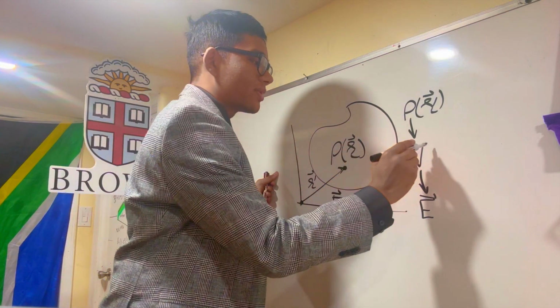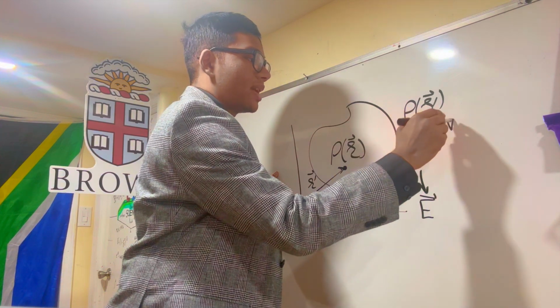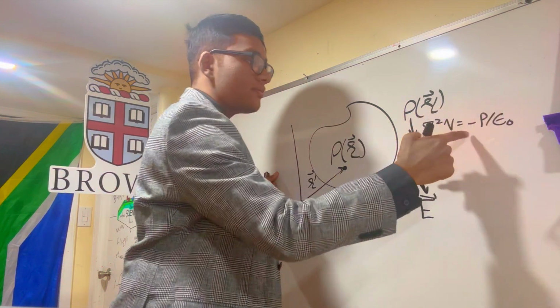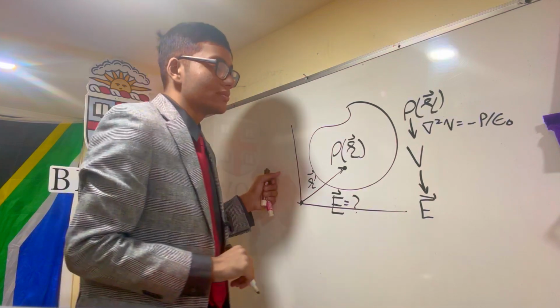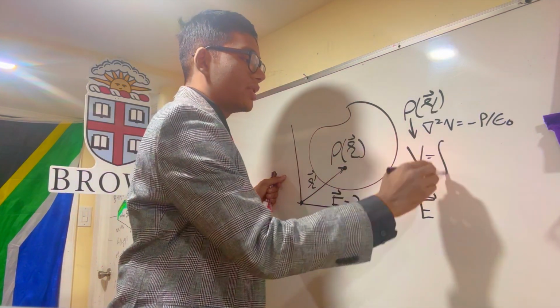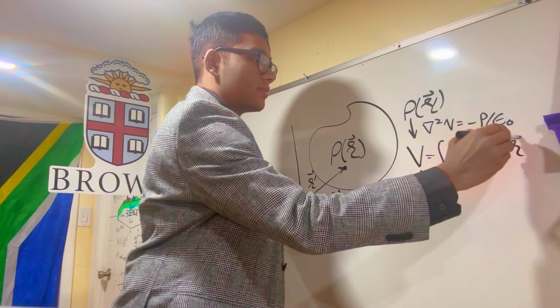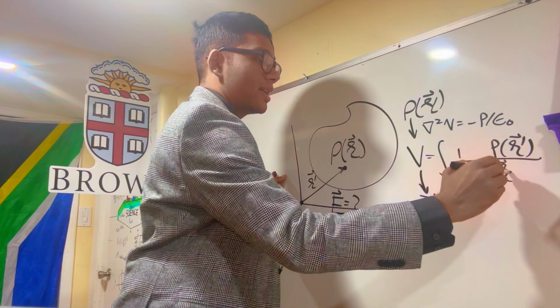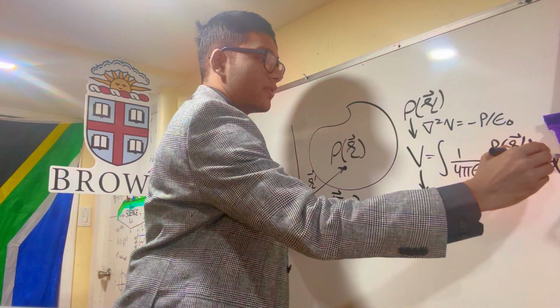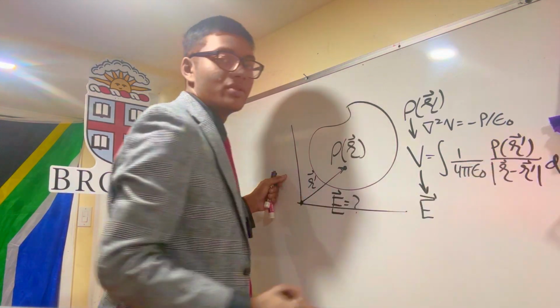Well, you can find the electric potential by solving Laplace's equation. The solution is that you just integrate over the charge density divided by however far away you are from the charge distribution.